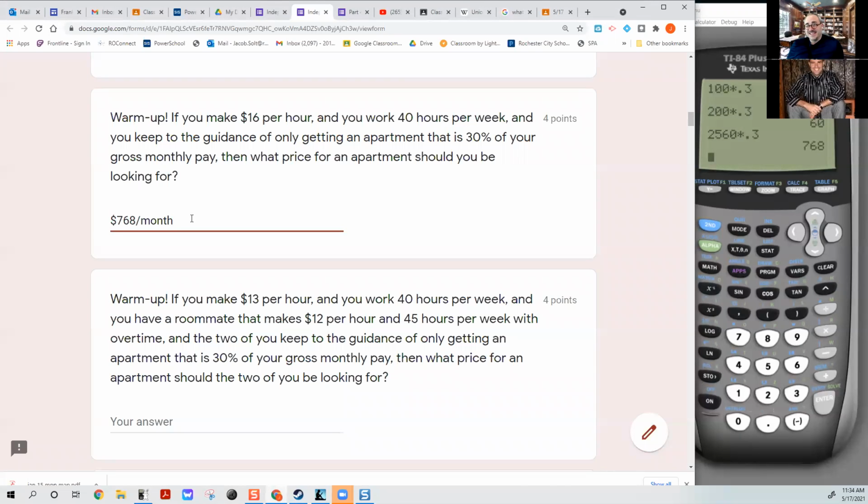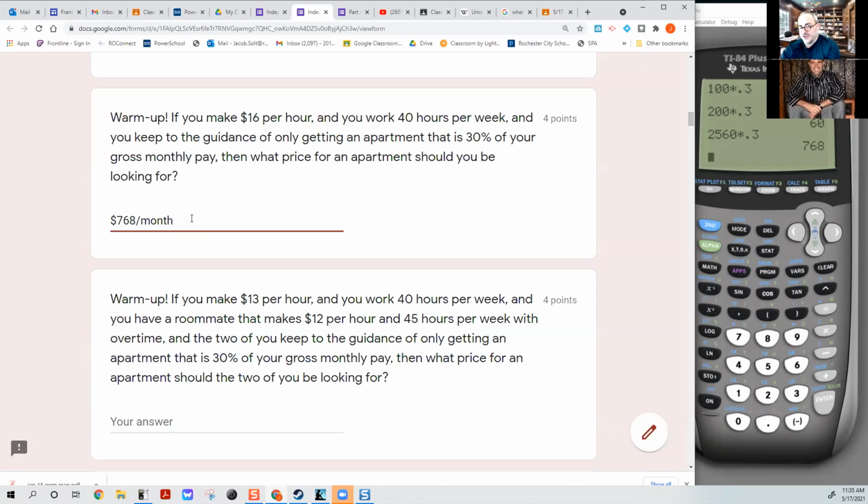Honestly, it's not easy to find apartments at that price. You can find them, but they're a little harder to get. Just so you know, they tend to be fairly small as well. You're looking for a studio apartment somewhere, 800 square feet or less is probably what you're looking at.